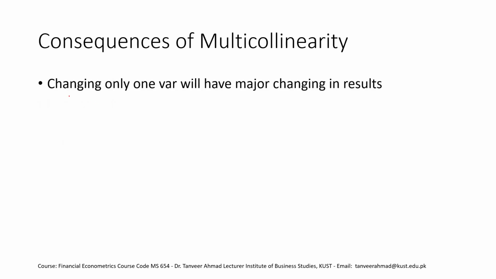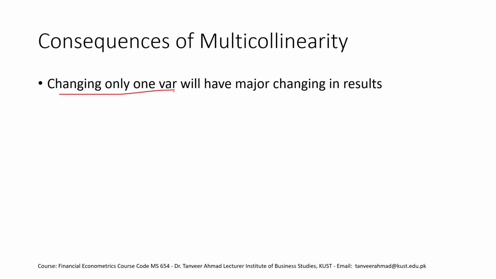One more symptom can be that if we only change one variable in the model, say if we drop one variable or add any additional control variable, then you would see a major change in the results. So a variable that was having a positive sign might turn into negative, or a variable being highly significant might turn into an insignificant variable.